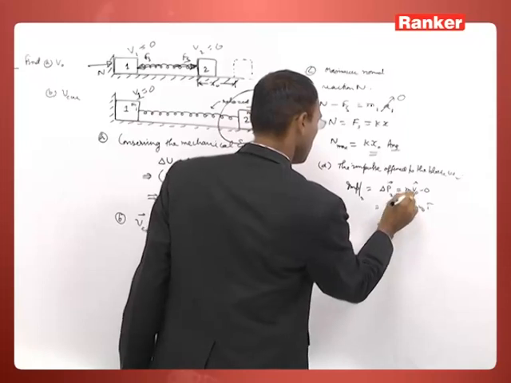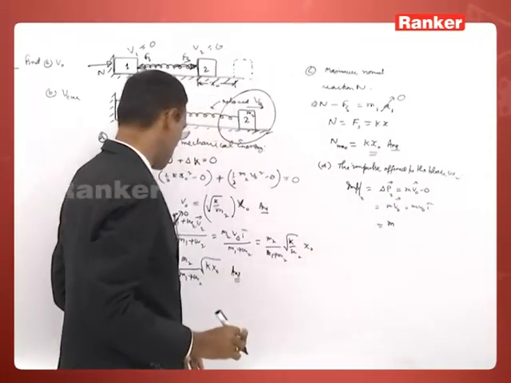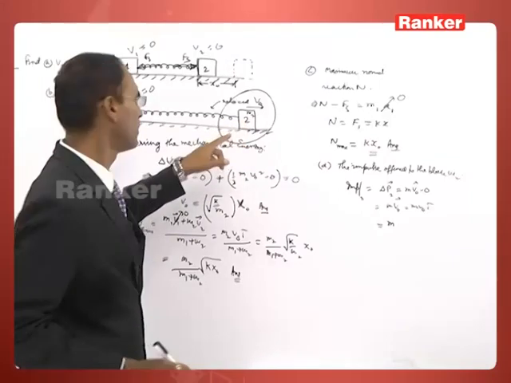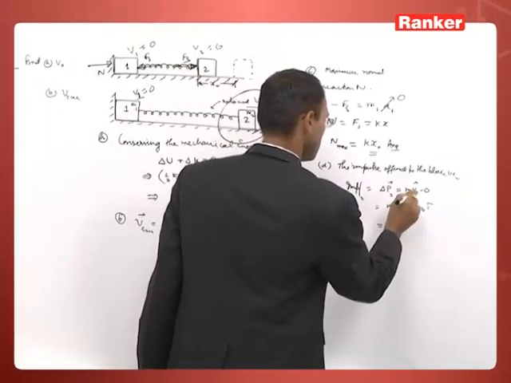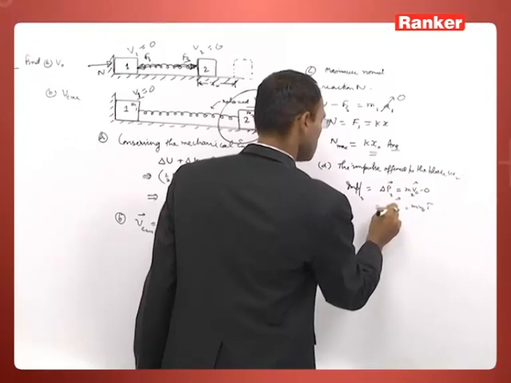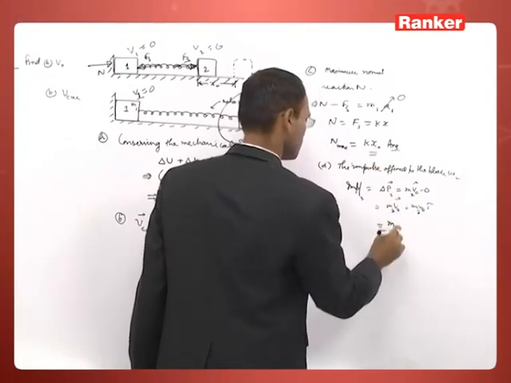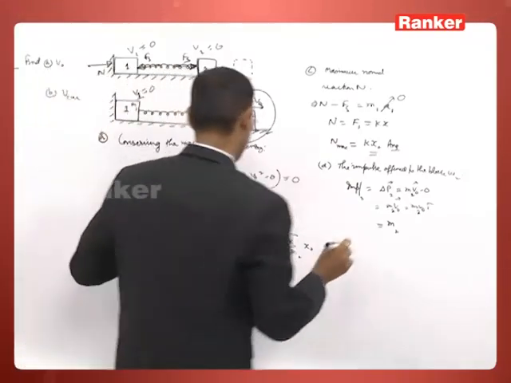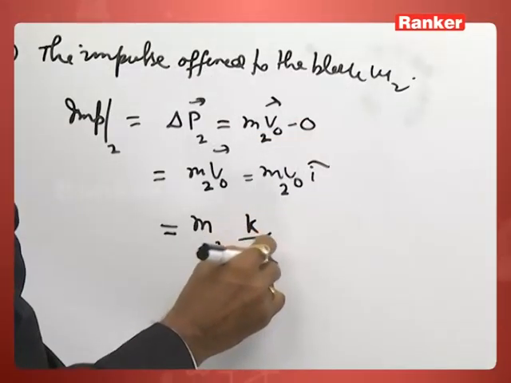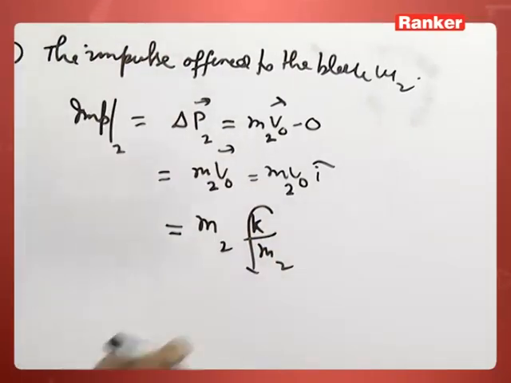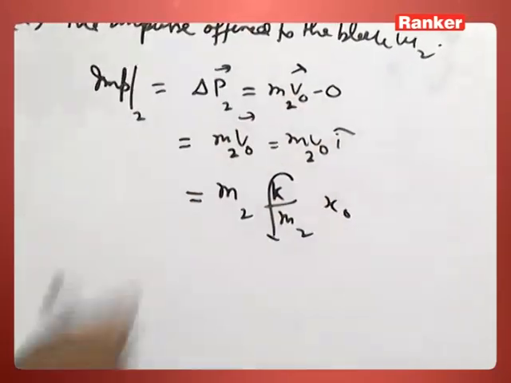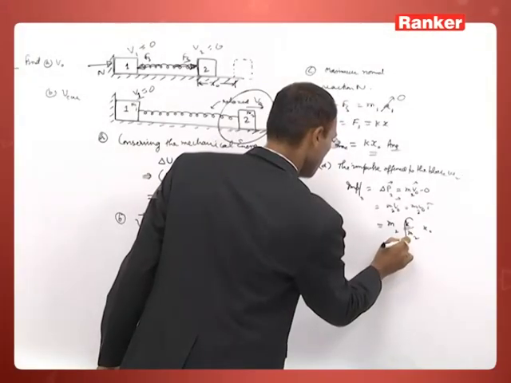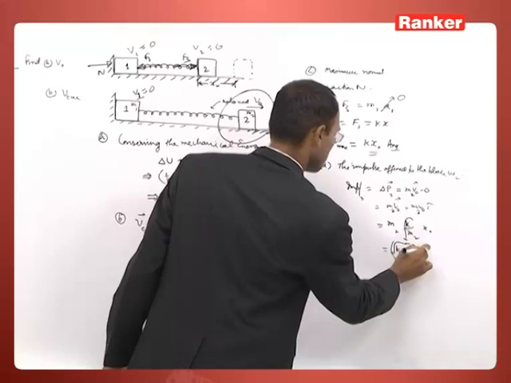We have to use the mass of block 2, that is m2, and v naught we have already calculated as the square root of k by m2 into x naught. So you can just write the square root of k m2 into x naught. This is the answer.